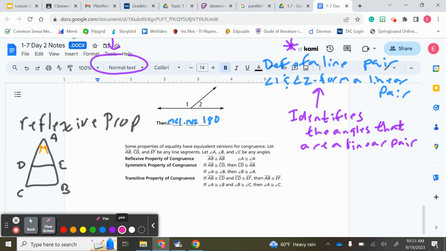And then if we had maybe a parallelogram and we labeled this A, B, C, D, with this line going through, I would state that line AC would be congruent to itself by the reflexive property because triangle ABC and CDA share that segment. Does that make sense? That's the pictorial version of the reflexive property.